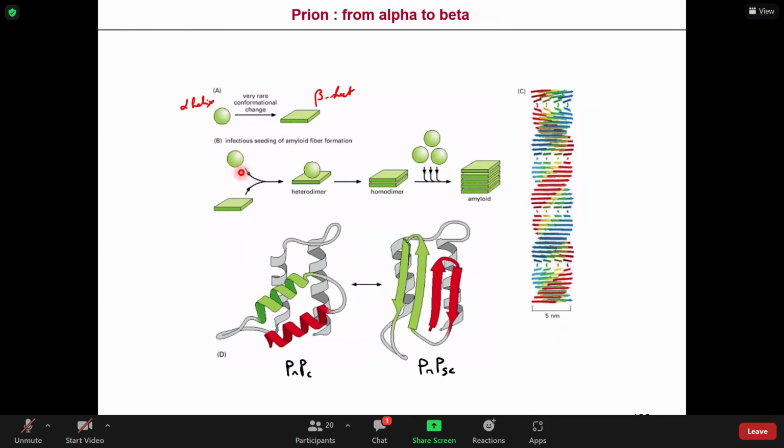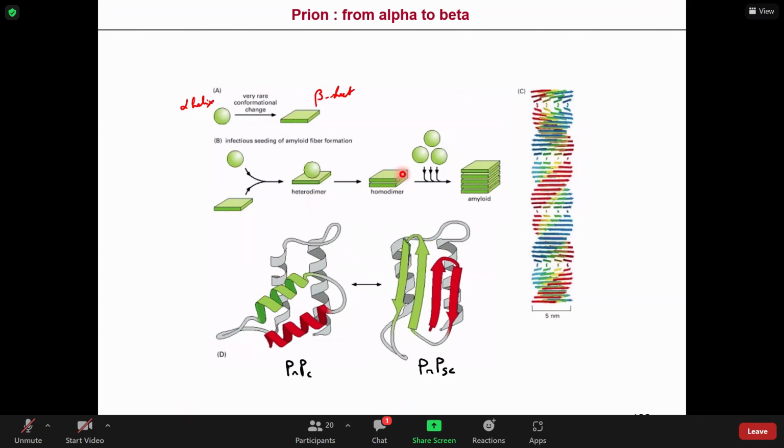You will have interaction between the beta sheet of the PrPSc and the PrPC. The interaction between both proteins induces another conformational change of the PrPC.